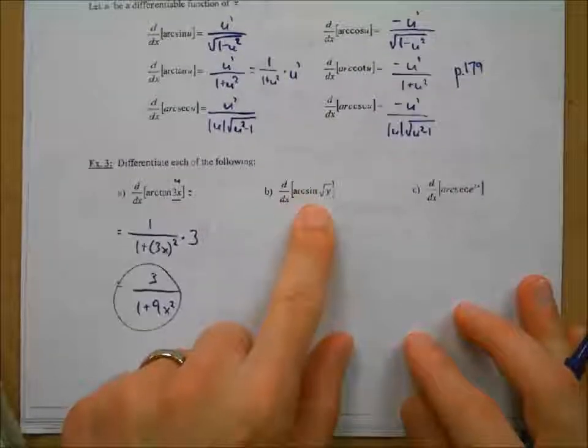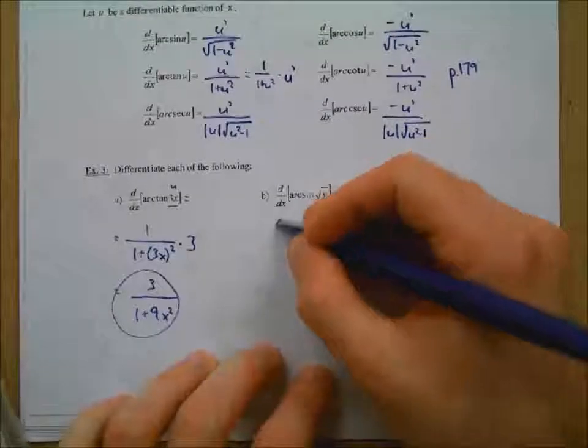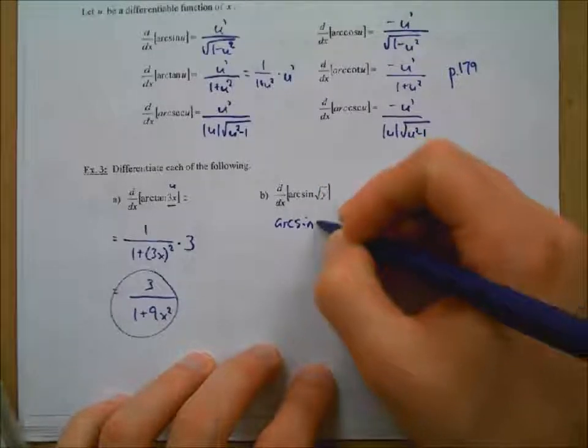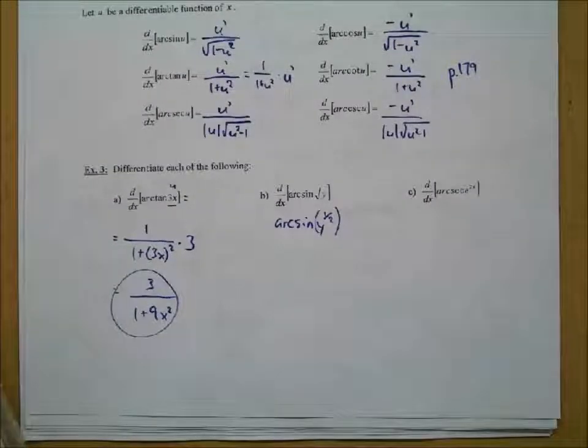Arc sine of the square root of y. Again, my recommendation here: change that square root symbol to be y to the what power? 1/2. And I'm going to even put parentheses around it so it's more obvious where that square root is, inside the arc sine. So what is our u in this case? Y to the 1/2.